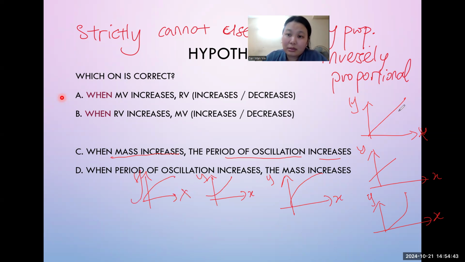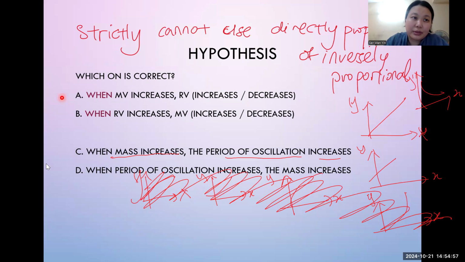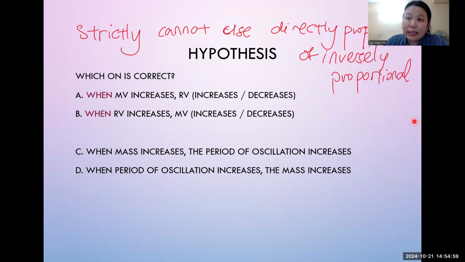But don't worry too much, in our experiment we don't use this. How many got 3 graphs only? Okay. There are many ways of increase. So hypothesis is just our guess before the experiment.